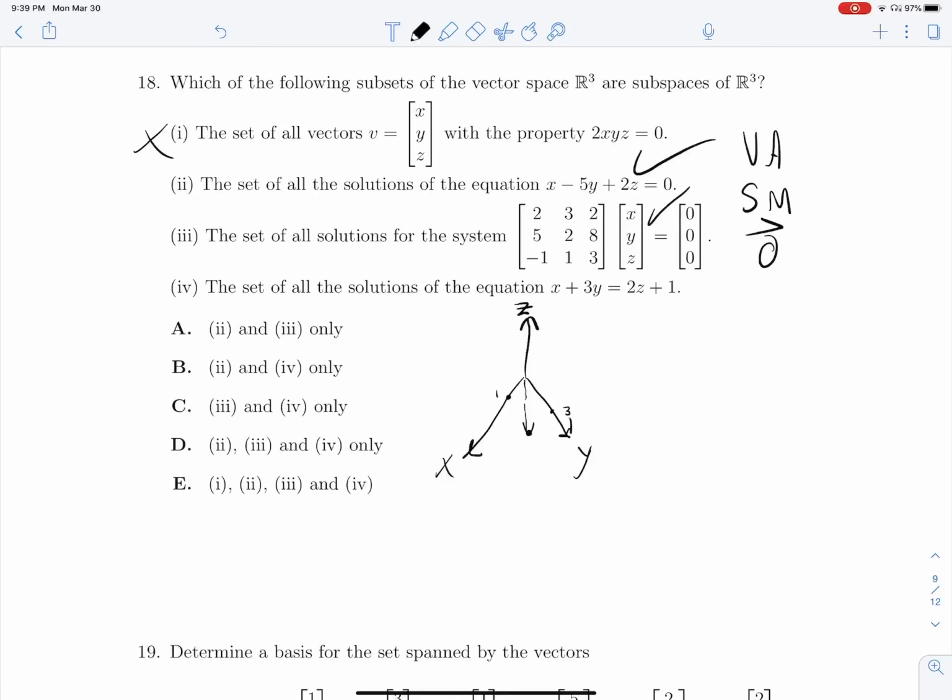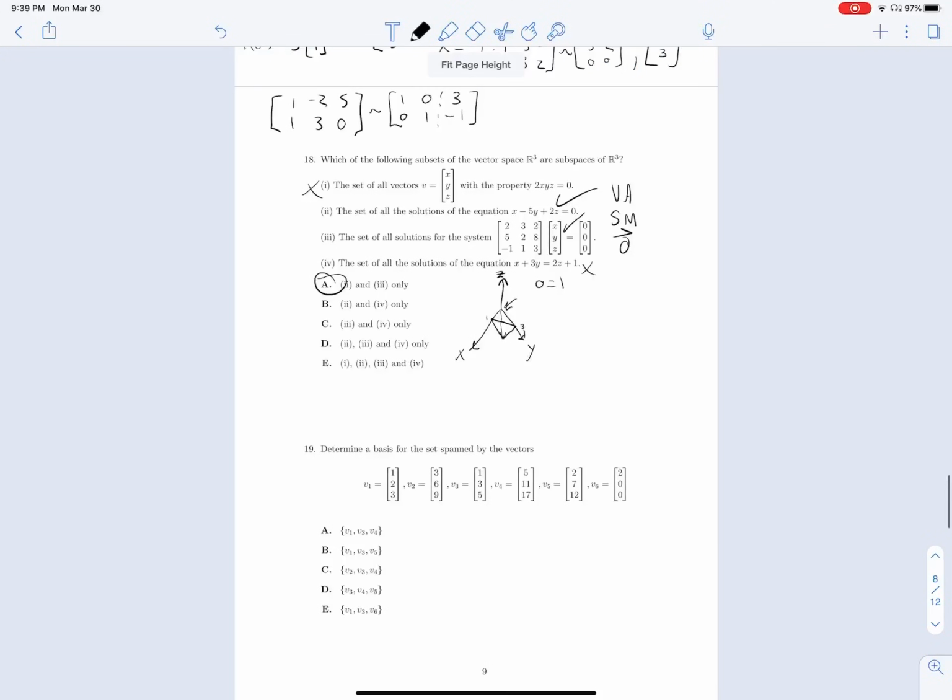But either way, you can see the plane spans between these 3 and extends infinitely in all directions. It never touches our origin there. And you can plug in 0, 0, 0 and see that you will get 0 equals 1, which is a contradiction. So this guy is no good. So 2 and 3 are our correct answers.